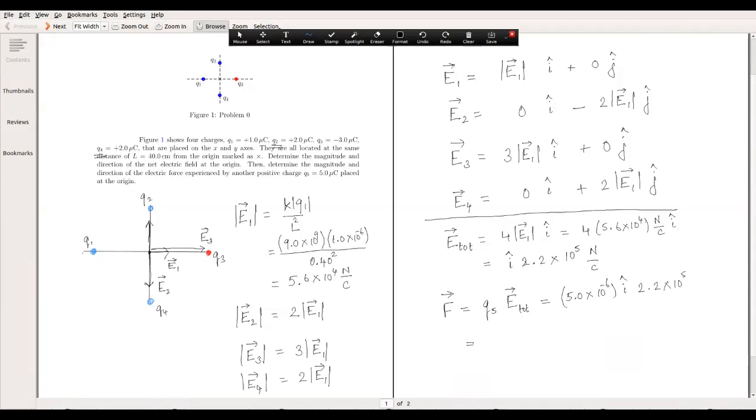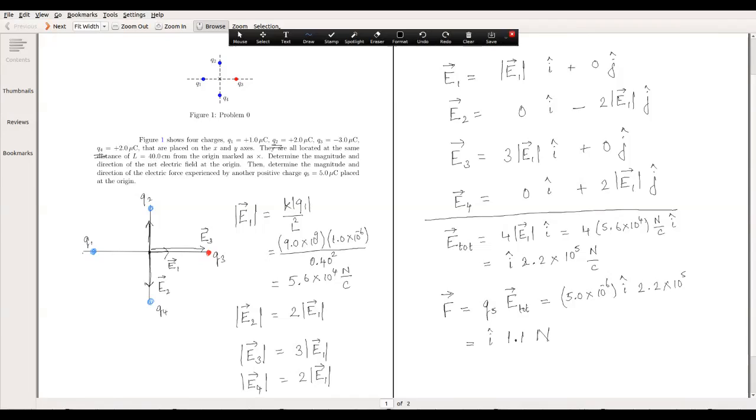Direction is horizontal. It is clear that these two add up and these two cancel out, so it's horizontal. With 10 raised to minus 6 and 10 raised to 5, there's a 10 raised to minus 1 remaining. 5 into 2.2, so that's 11, and with the 10 raised to minus 1, that's 1.1 newtons.